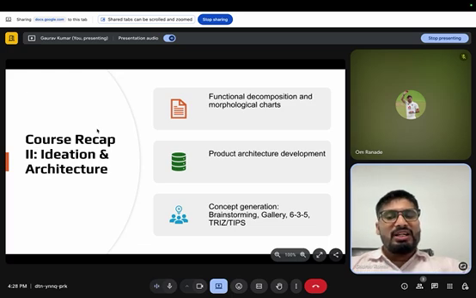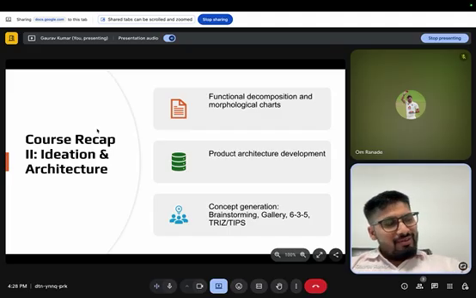These tools help transform the functional requirements into multiple design alternatives while maintaining a logical structure. Product architecture further ensured that subsystems were well defined and functionally coherent.